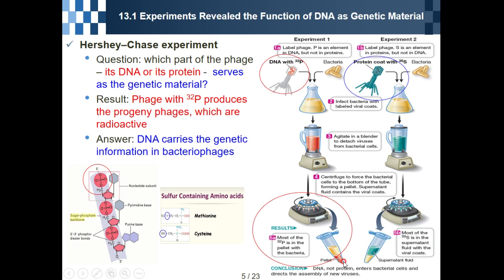People found that P32 is detected in the pellet, not the supernatant. However, in this case, S35 is not detected in the pellet, not in the bacteria, but indeed detected in the supernatant.